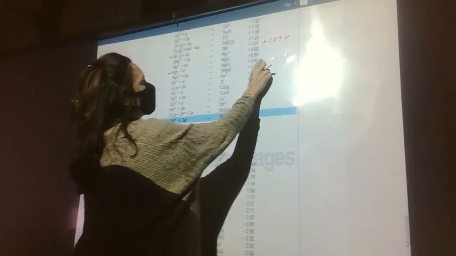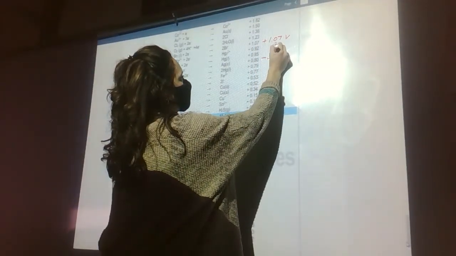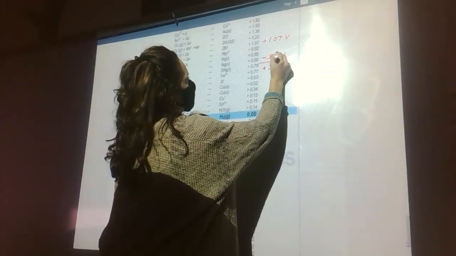This one, the lower one, switches signs. It becomes an oxidation. And you wind up with positive 0.27 volts. Questions about that? Okay.